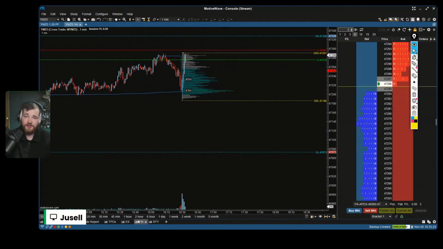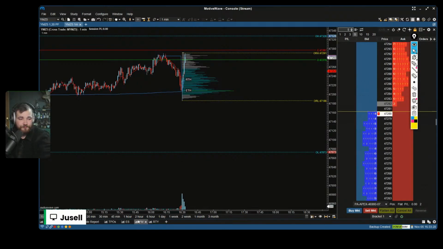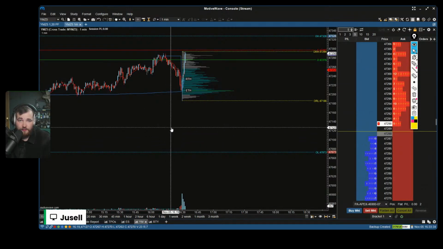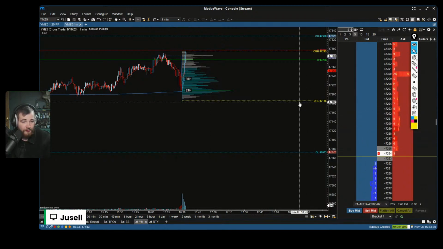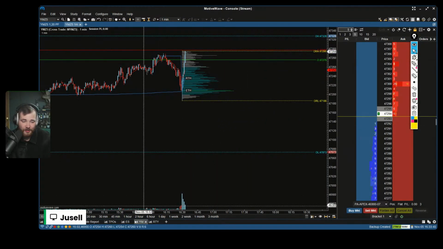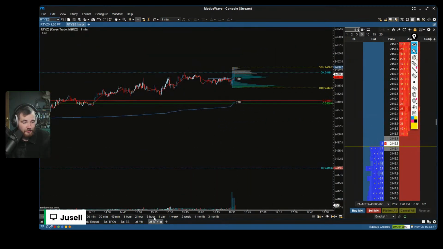Let's see if YM can actually run that level, because that would mean that our YM trade would be over. There would be no setup here in YM. If that was to happen, we are 2 points away from the previous close, so very high probability that that specific scenario will happen.